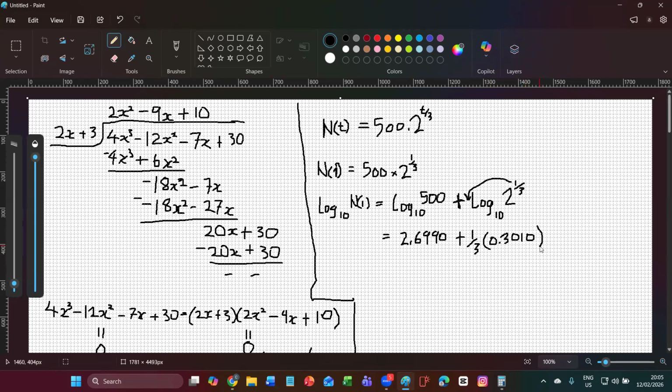I hope you have your calculator ready. So can you help me do what is on the right hand side? I'll advise that you do the 1/3 times 0.3010 first before you add this.